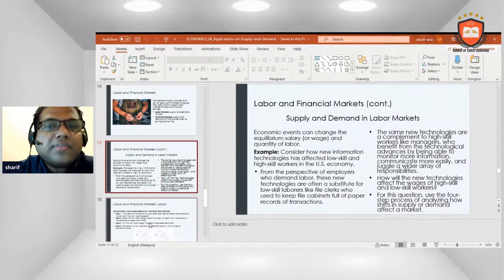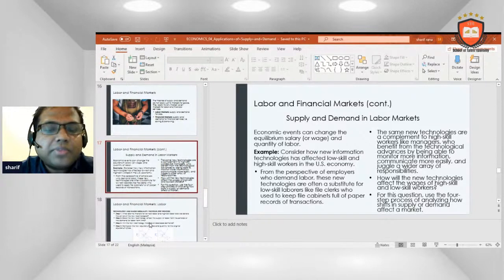Labor and financial market content: supply and demand in labor markets. Economic events can change the equilibrium salary and quantity of labor. Example: consider how new information technologies affect low-skilled and high-skilled workers in the US economy.